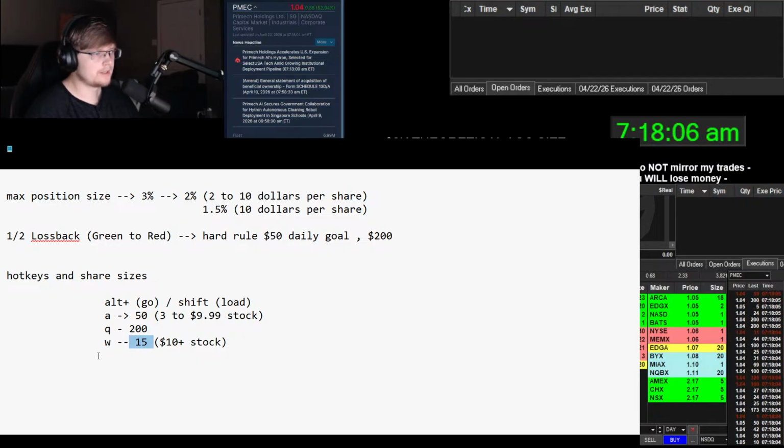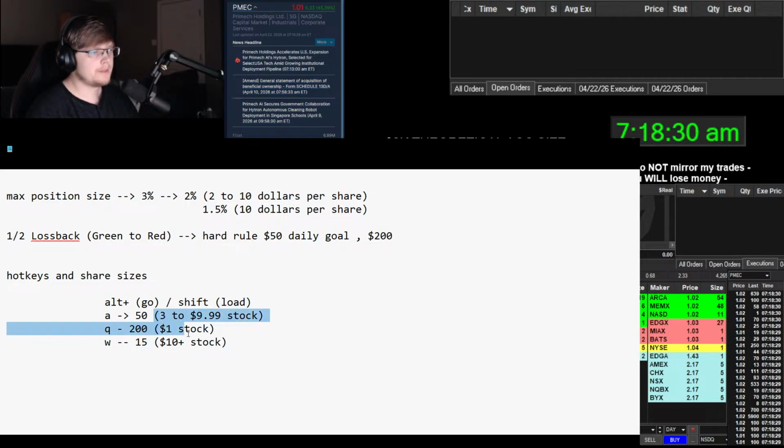So 1 button press is quarter, 2 button presses is half, 4 button presses is full size. You can kind of understand where I'm going. So it's kind of consistent, right? 200 is for a $1 stock. Quarter size being 200 and full size being 800.